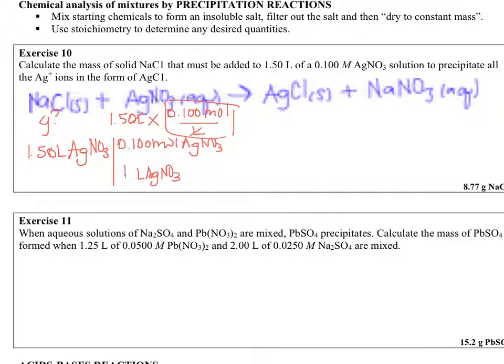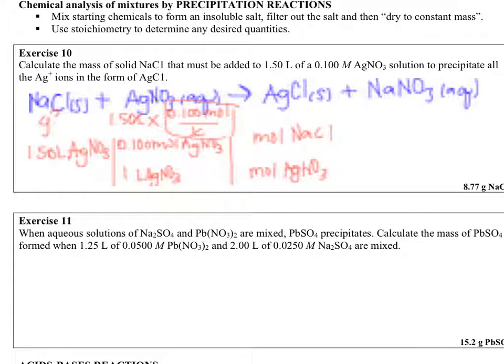That's 1 liter. Next step, I need to get rid of my moles of silver nitrate and convert them to grams of silver chloride. So I'm going to put my mole of silver nitrate here, and I need to convert that to moles of sodium chloride.